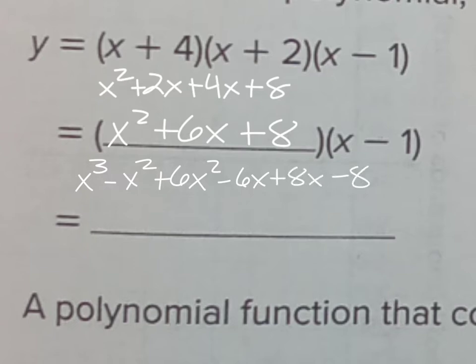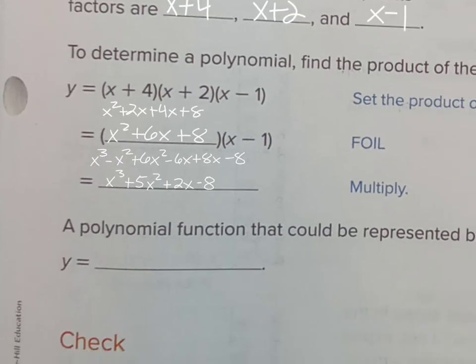Okay, and so then we simplify that down. x cubed plus 5x squared plus 2x minus 8. And so then that would be our function.